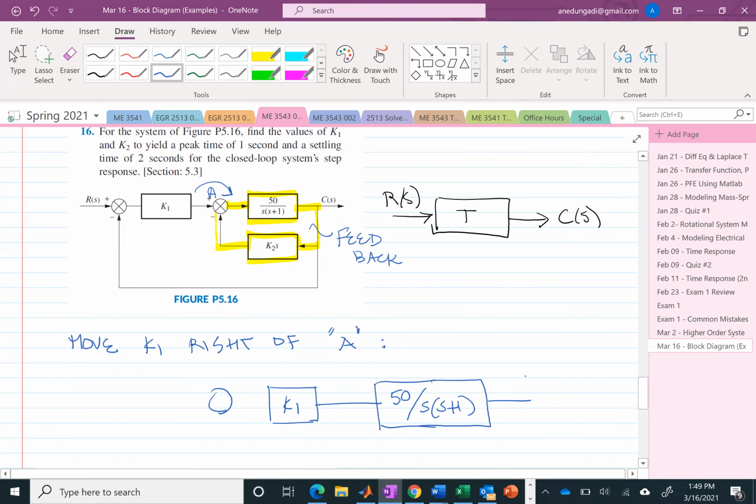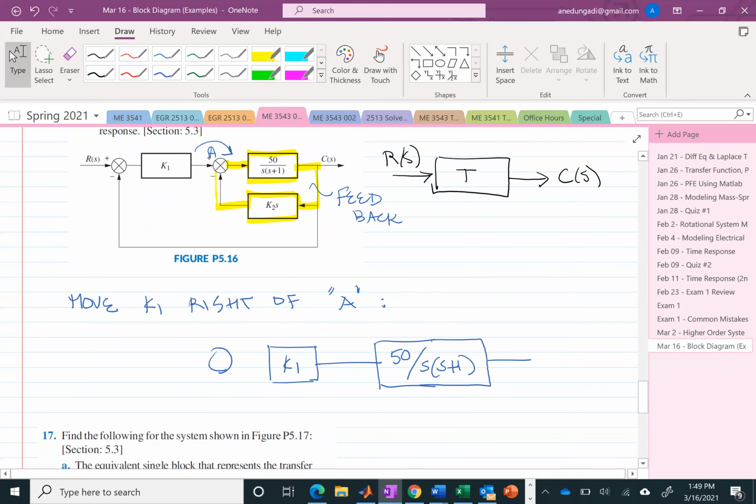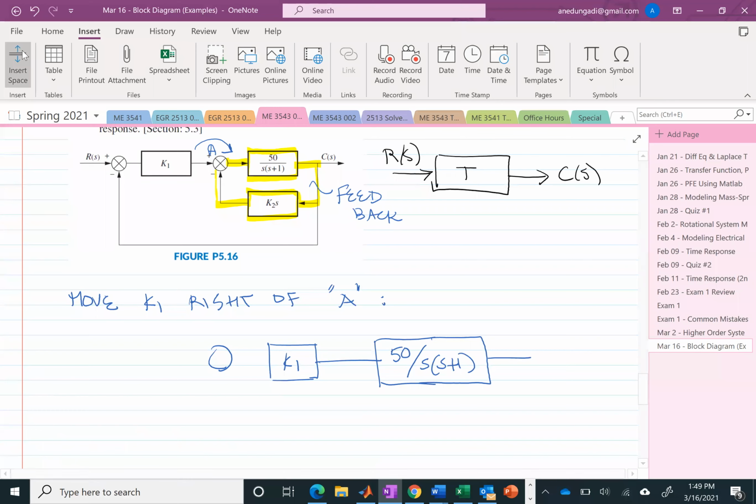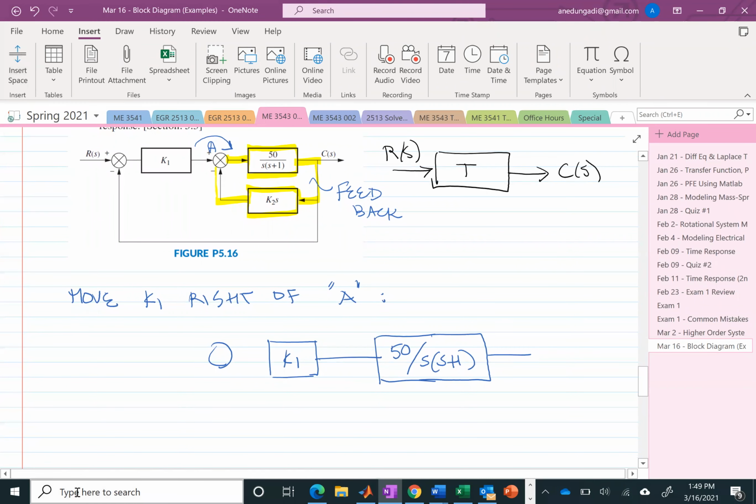Okay, so far so good. Now, that's the input to the summation, and the rule says the input to that summation block has to be divided by what I moved.